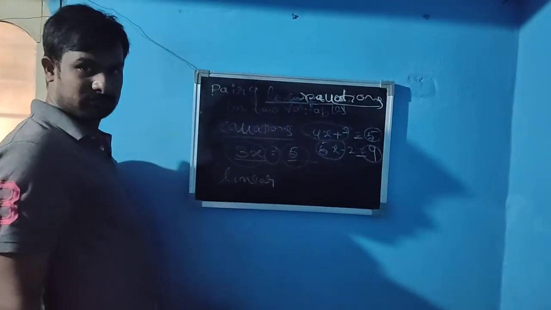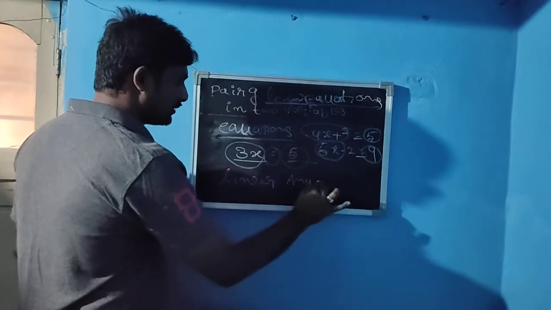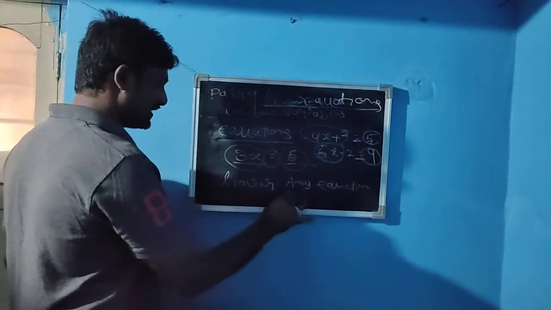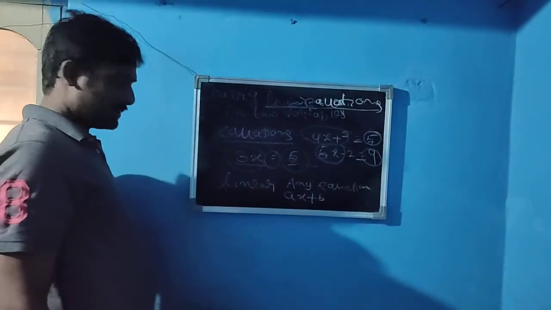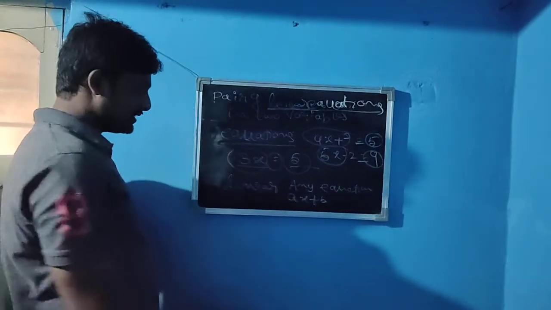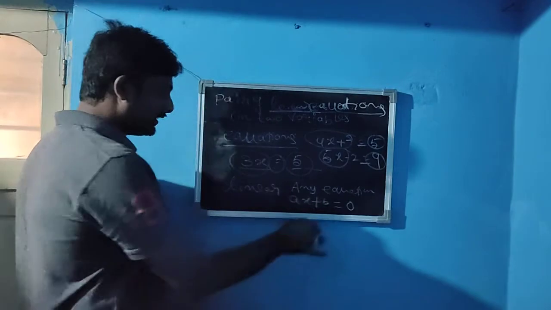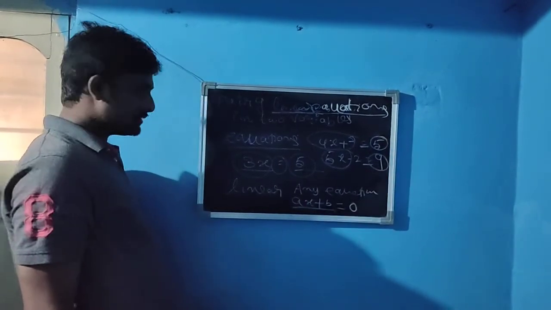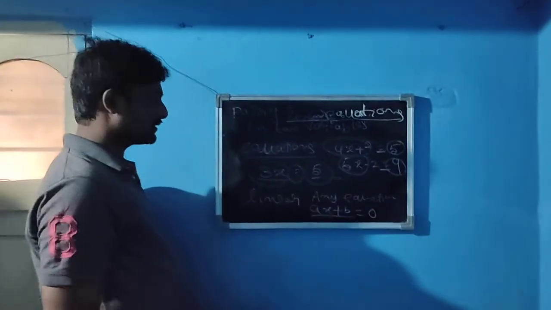Linear means what? An equation ax plus b is equal to 0 is called a linear equation.